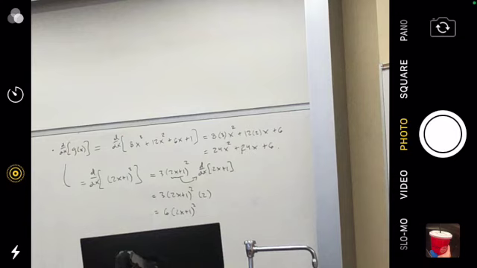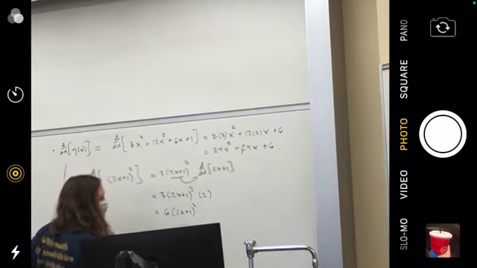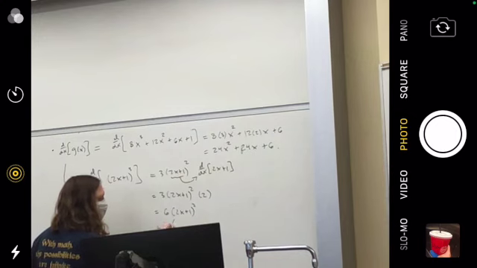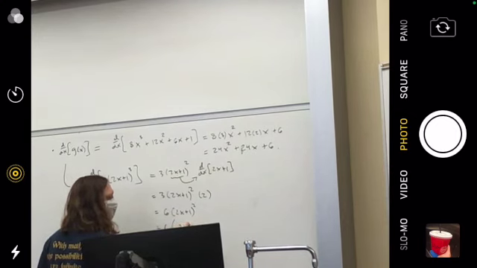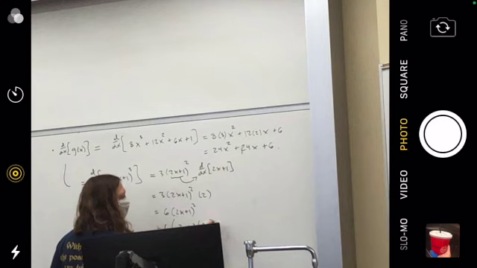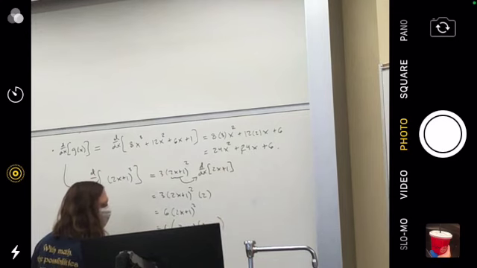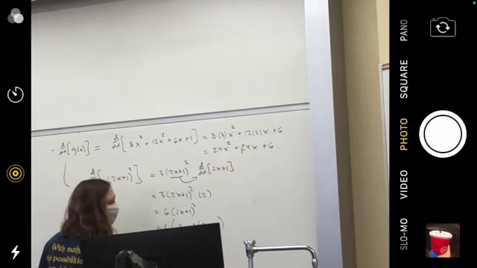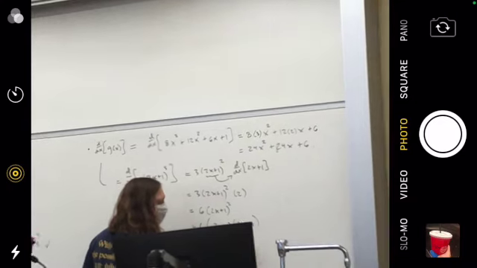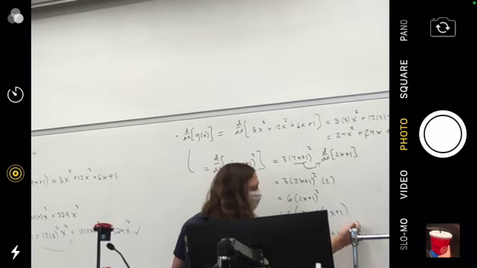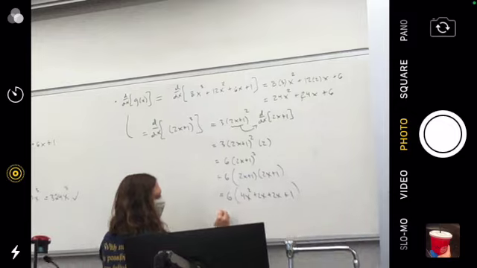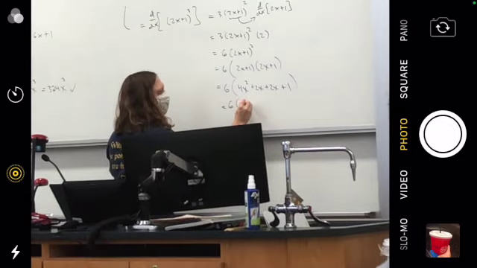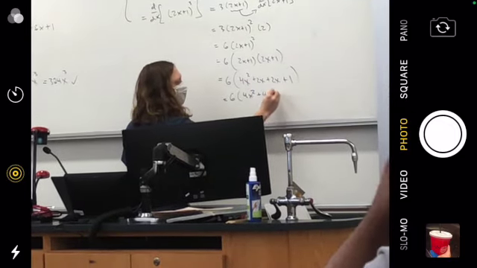And this would be a bad example if they weren't the same thing. So it's 2x plus 1 times 2x plus 1. So 6 times 4x squared plus 4x plus 1. 6 times this.